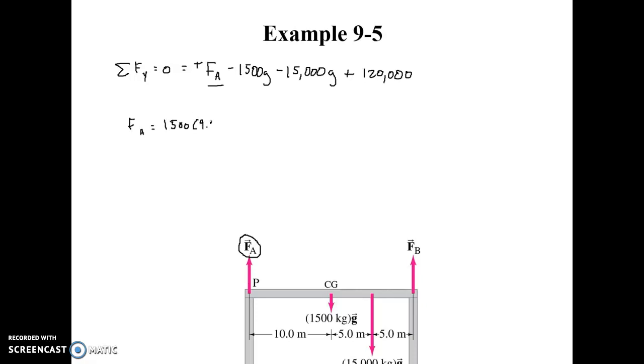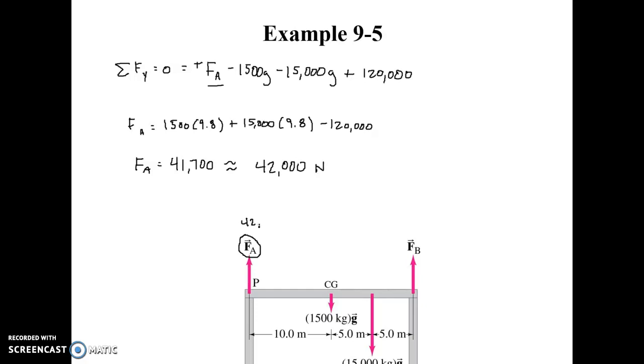Okay, so if we just solve for Fa, Fa is equal to 1500 times 9.8 plus 15,000 times 9.8 minus 120,000. Okay, so Fa should equal, looks like I'm getting 41,700, which if rounded to two significant figures would be about 42,000 newtons.